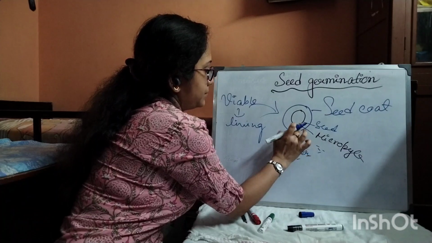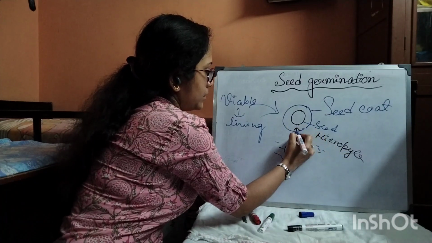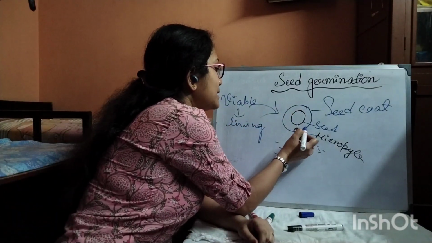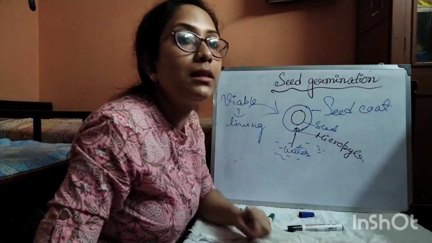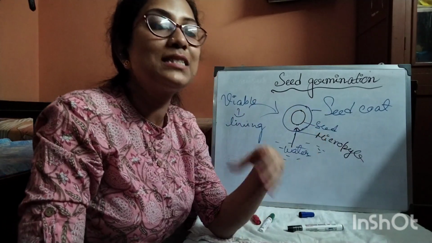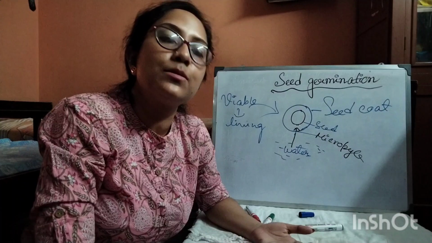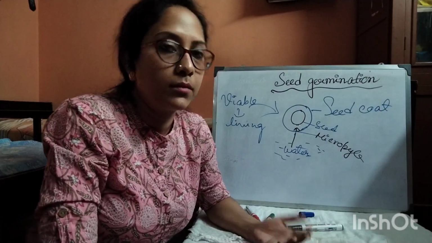This is here, micropyle. This is the micropyle portion. Water will get entry into the seed coat, and eventually the seed coat will swell up, and the seed will get enough amount of water to start its metabolic activity for germination.